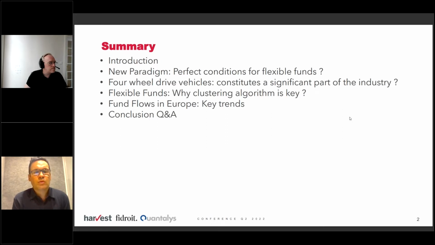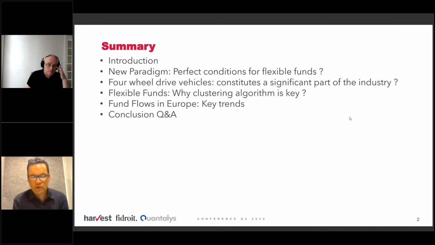The third point is a presentation of this category, the part of the European fund industry, and some key figures on this category to better understand the trend and the importance of the situation today for the European fund industry.